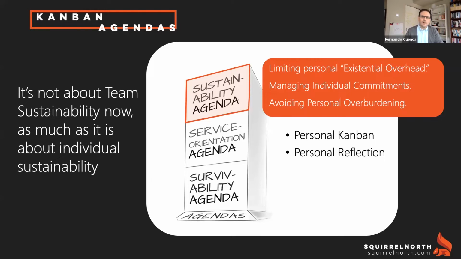We normally try to apply this to teams, but in the current context, we can also redirect it to the individual and see how individuals can use these types of ideas to limit what we call the existential overhead, this feeling of overburdening, of overloading, maybe managing your commitments in a different way and avoiding this situation of having too much on your plate, so to speak.